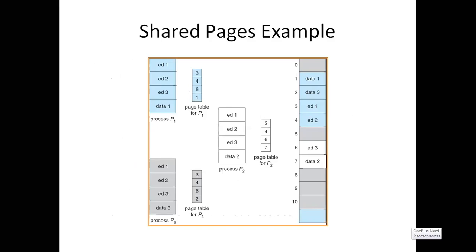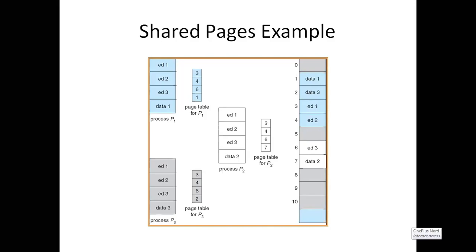If we observe the process 3 also, page 0 is for ED1 and page 2 is ED2 and page 3 is ED3. So all are common, right? That is the reason why ED1, ED2, ED3 are kept in the main memory only once. Why? Because they are read-only reentrant codes. That means they are copies, duplicate of one another. They are the same.